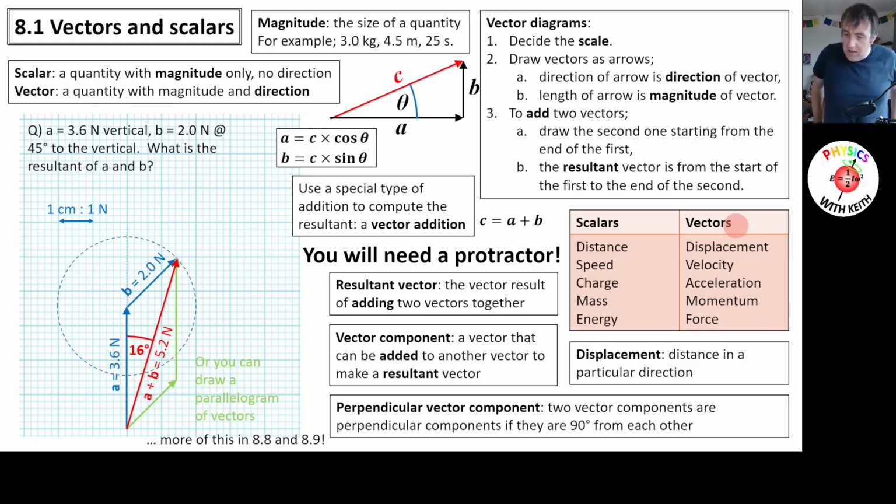So, for example, if I am adding a distance of 10 meters north to 5 meters south, I'm not going to get 15 meters. When I add those two legs of the journey together, I've gone forward, north, 10 meters, and I've gone south, backwards, 5 meters. So I've actually only gone 5 meters north.